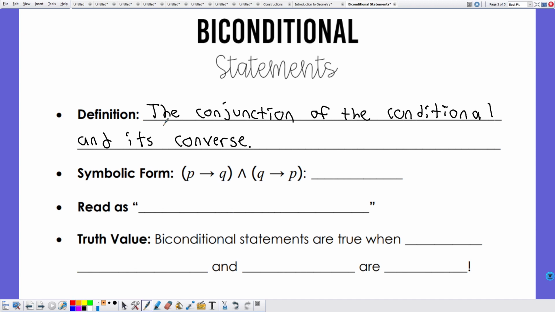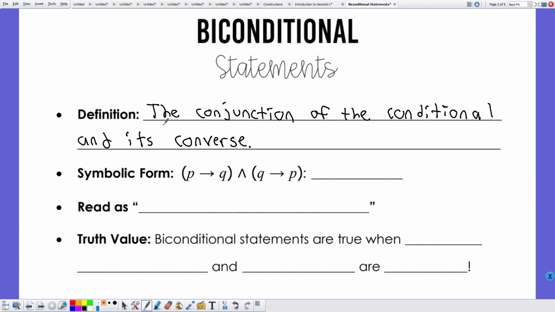So there should be a lot of terms that you're familiar with. Conjunction means like an and, joined with the word and. The converse is the reversal of your conditional.